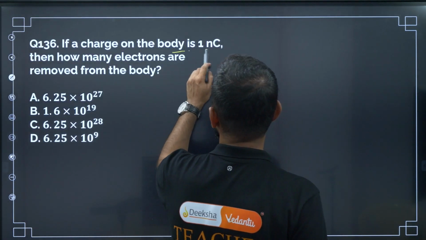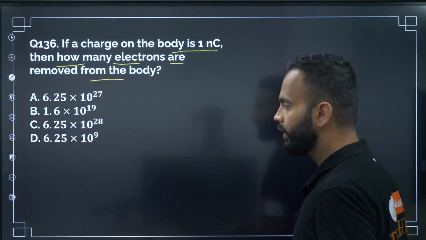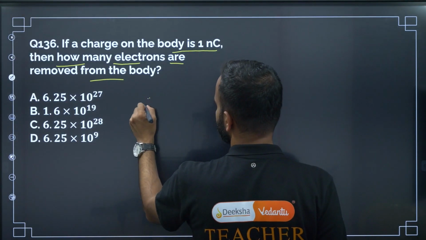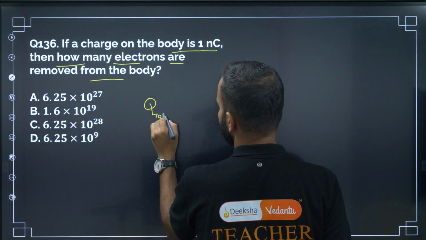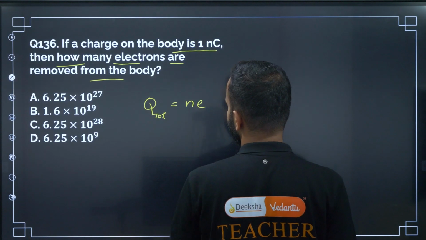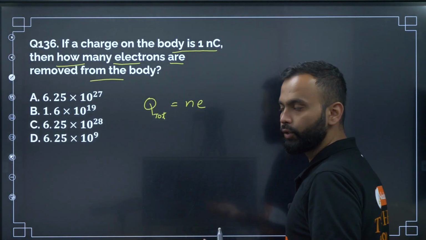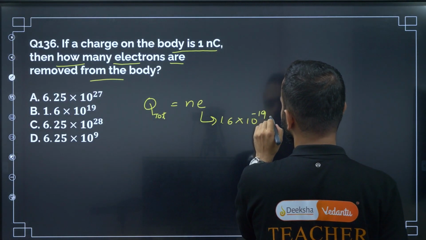Question number 136. If a charge on the body is 1 nanocoulomb, then how many electrons are removed from the body? Apply quantization of charge. Now the quantization of charge says the total charge is equal to integral multiple of e, right? e is 1.6 into 10 to the power minus 19 coulomb, right?